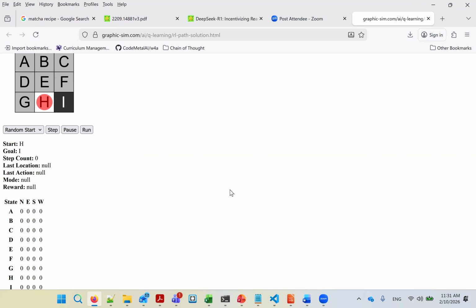The new Q of A1 S1 becomes 1 minus alpha times Q of A1 S1, plus alpha times this. Let's see if we can do it.